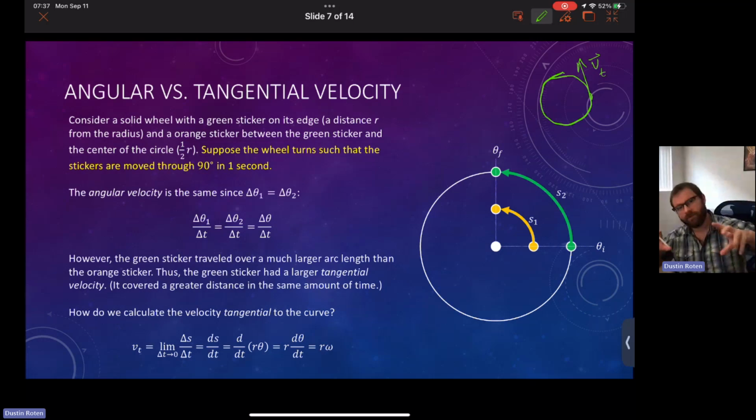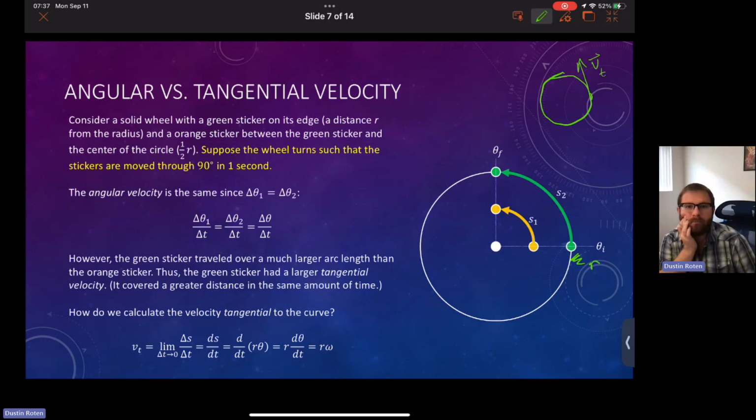So let's just walk through this example. Let's consider a solid wheel with a green sticker on its edge. So I've got that here. Solid wheel, green sticker on its edge, and it's a distance r from the center. It's on the edge, it's the full radius.